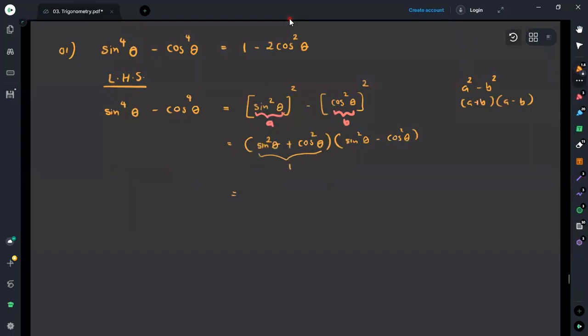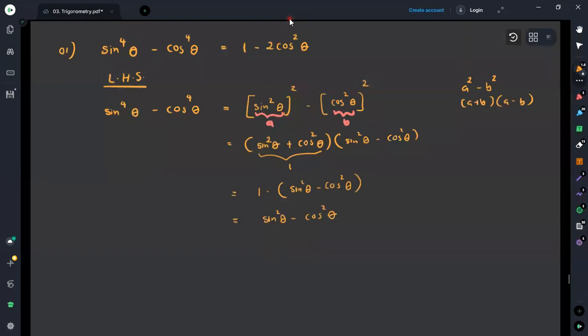Therefore, instead of this addition, we have 1 times sine square theta minus cosine square theta, which is just sine square theta minus cosine square theta.